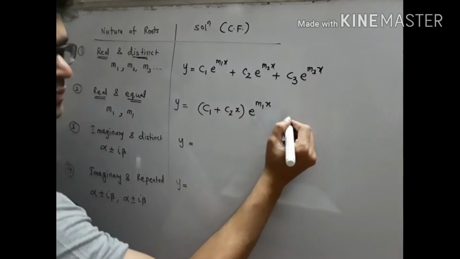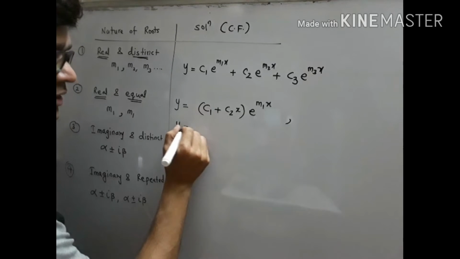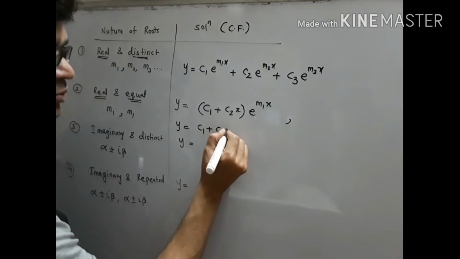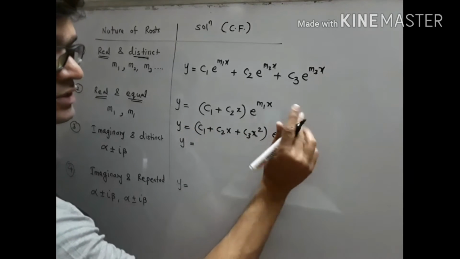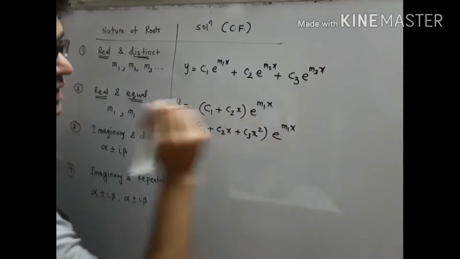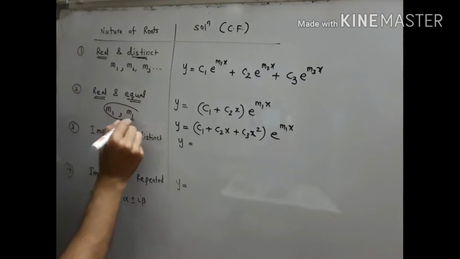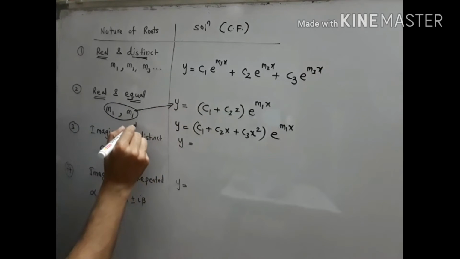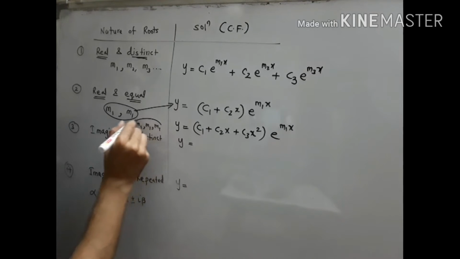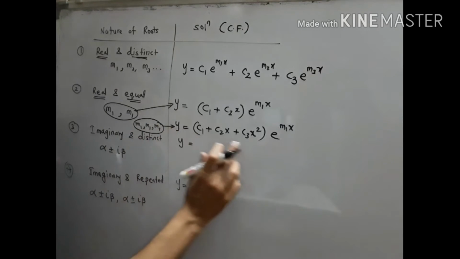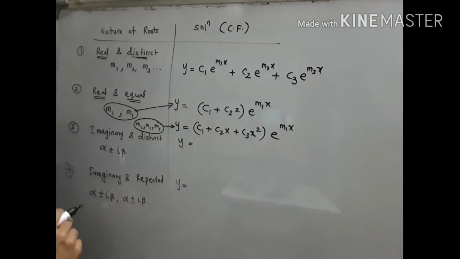How would we write? We can write y equal to (c1 plus c2x plus c3 x square) e raised to m1x. So if m1 is repeated 2 times, this is how you write, and if the same root m1 is repeated 3 times, this is how you write the complementary function.